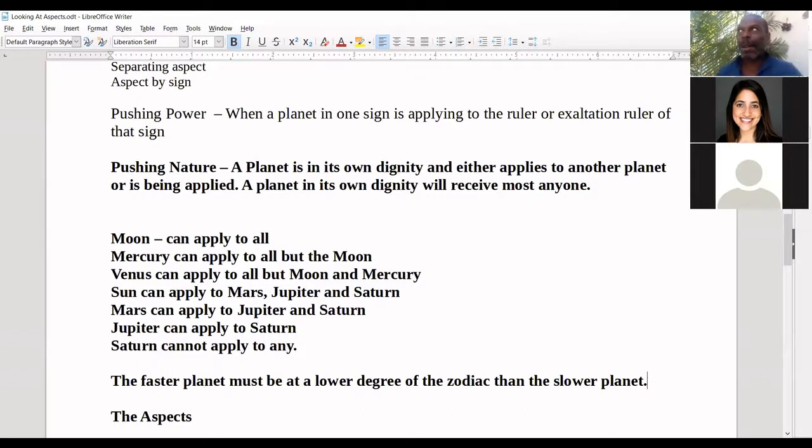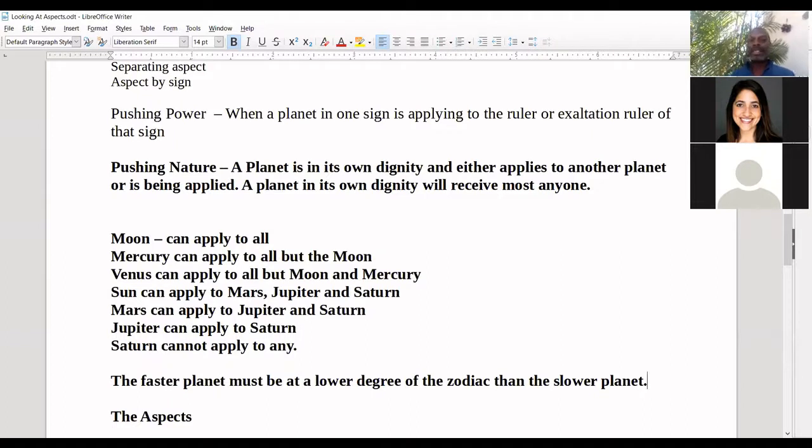Gina just gave us an example of pushing nature. That's when a planet is in its own dignity. In this case, Saturn is in Aquarius, and it's being applied to by another planet. In the book that I read, it said it's doing the application, but I think personally that whether it's applying or being applied to, it's still receiving.